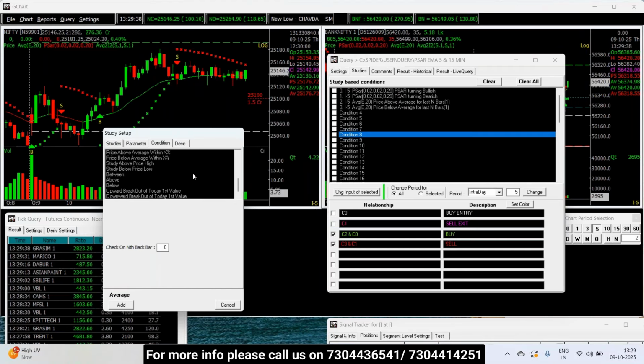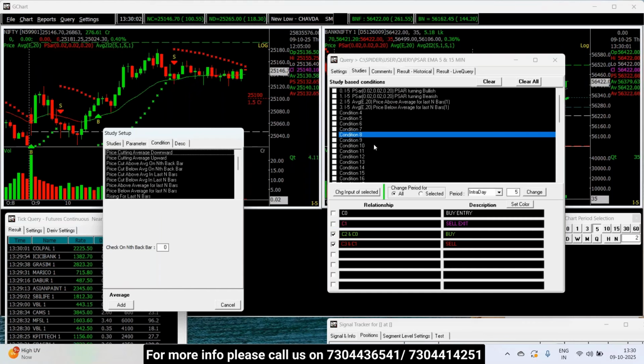So these are the conditions. I implemented one condition here, price above average for the last 10 bars. Basically, if it's going into an uptrend, it will indicate. The same condition I implemented in condition 0, and in condition 1 I implemented the vice versa of that, price below average for the last 10 bars.